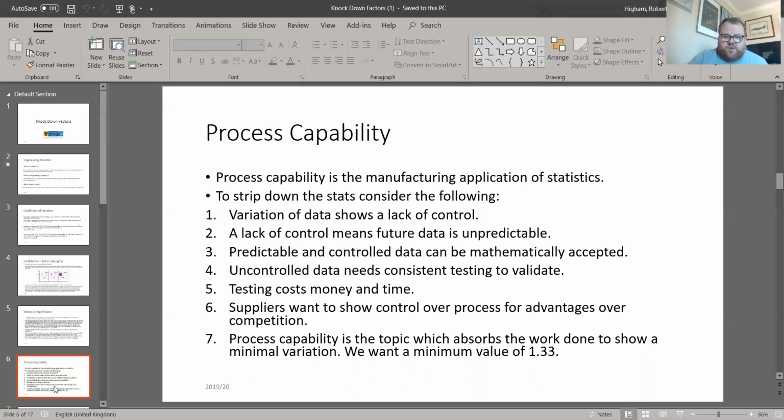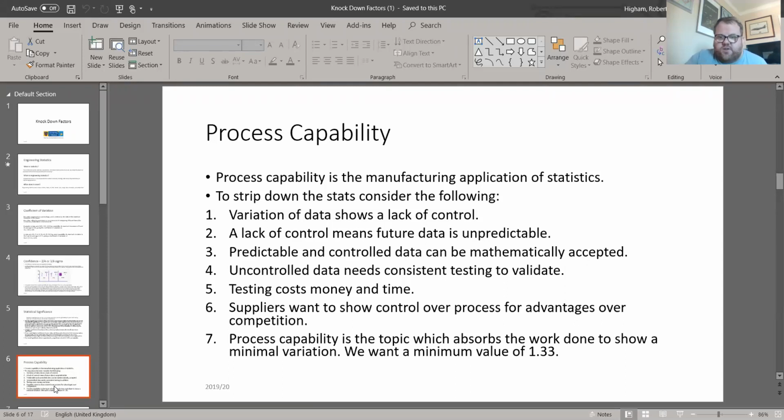If it's uncontrolled, then we need to do more testing to validate that it's going to be okay. More testing will take time and absolutely will take a lot more money. So for a supplier into top level industry, if you can show that you can control your processes, then you have an advantage over your competition, but also you can then reduce the amount of cost and time in testing.